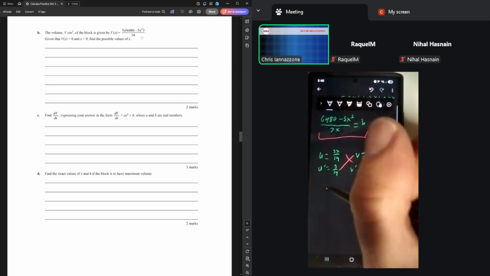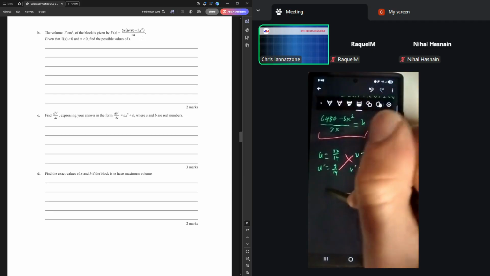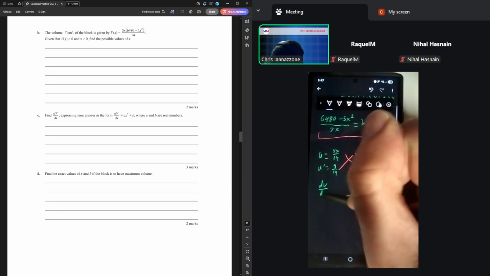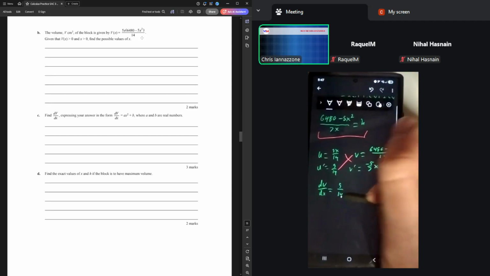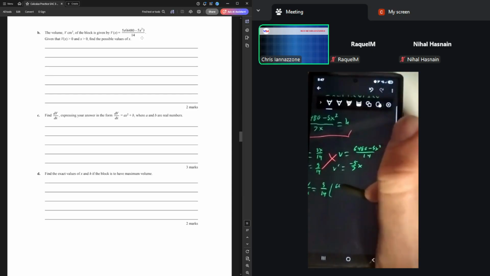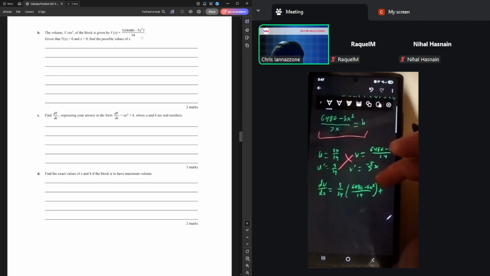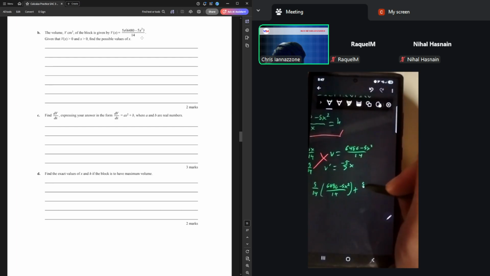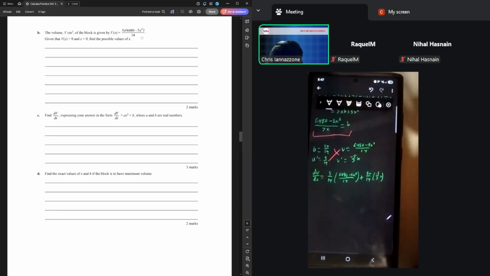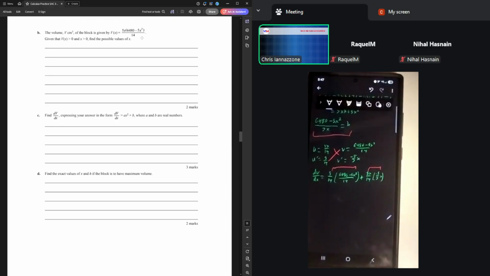Sure, maybe we'd say first dv on dx is 5 on 14 bracket 6480 minus 5x squared on 14, plus the other way around, so 5x on 14 times negative 5 on 7x, and then just going from there, maybe getting the CAS to simplify this one for you, and then you go from here on that one. So let's see what that might look like.